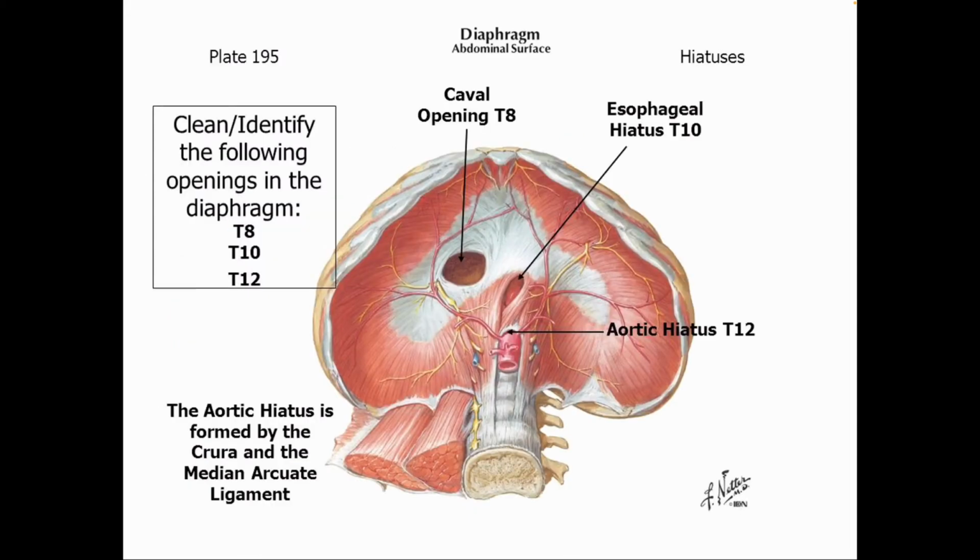Okay, so these are the different openings present. The biggest one is the caval opening, which gives way to the inferior vena cava. Then, from anterior to posterior, second is the esophageal hiatus, and then the posterior-most is the aortic hiatus, which is present at the T12 level.